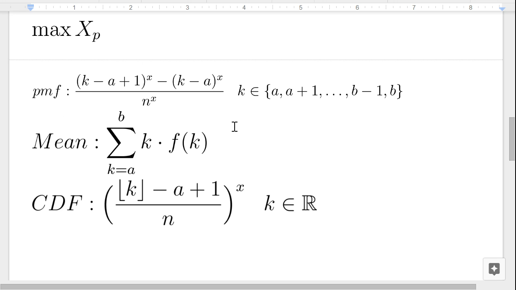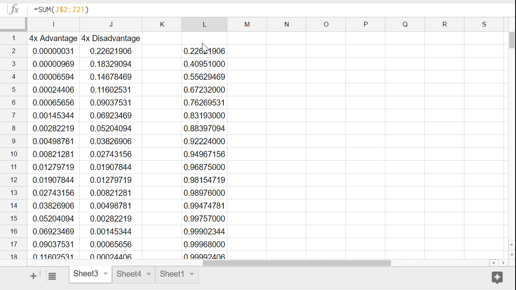Now, as for taking the average, I couldn't work out a general formula. So this right here is just basically the definition of mean when you have a probability distribution. And I guess I can demonstrate that.